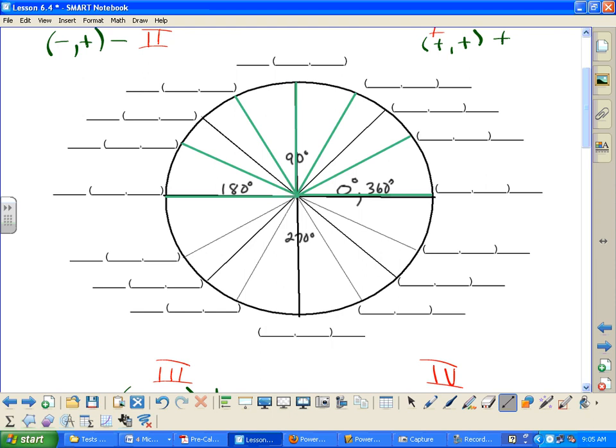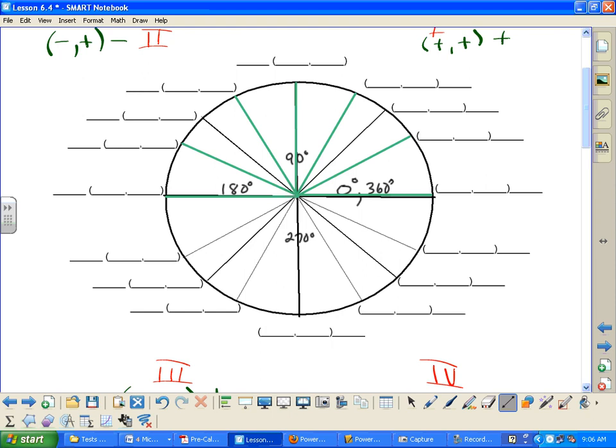Okay. So each of these parts are divided by 30 degrees, right? So then the first one would be 30 degrees. When I add the 30, I get 60. 60 plus 30 is 90, plus 30 is 120, plus 30 is 150, plus 30 is 180, and then keep working your way around.